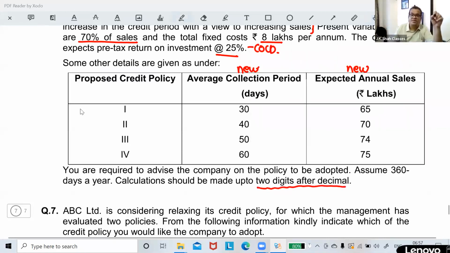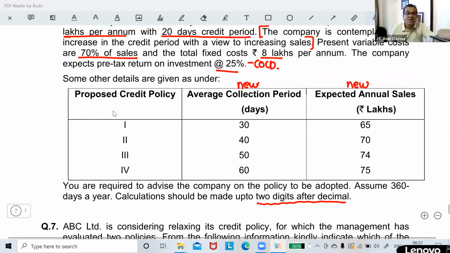This is all in lakhs now. Suppose you calculate the variable cost. We calculate variable cost ratio, given 70%. For example, the annual sales is 65 lakh in the new policy. Calculate the variable cost: 65 into 70%, it came to 45.5.